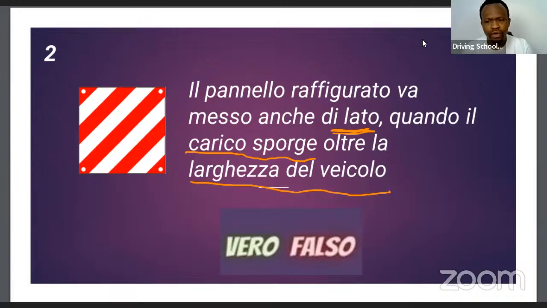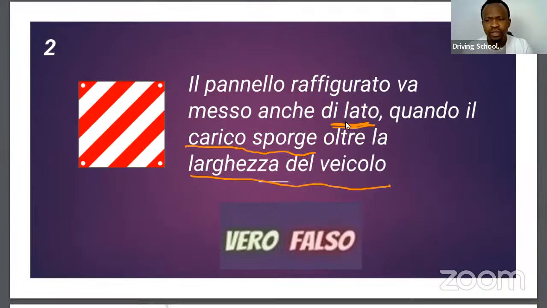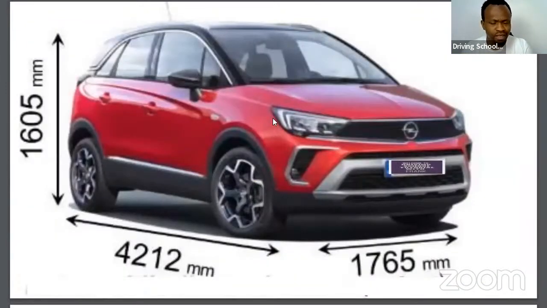For example, in every object you have something like this. Like, for example, we have this car here. You have the height, you have the length, and also you have the width. You understand?